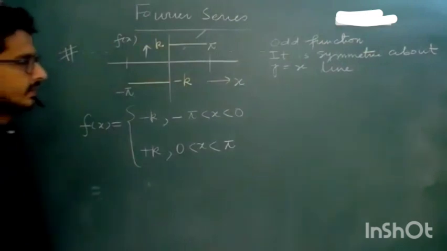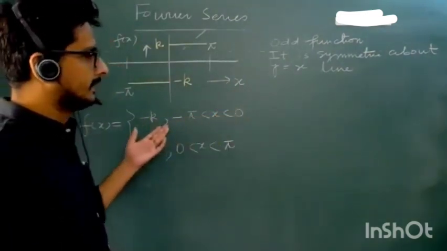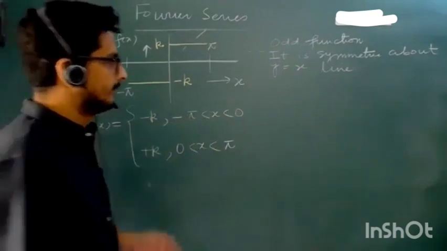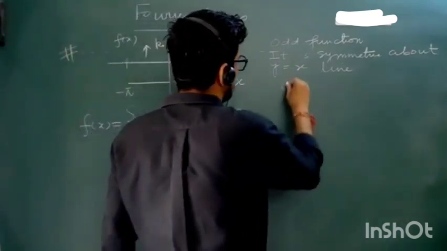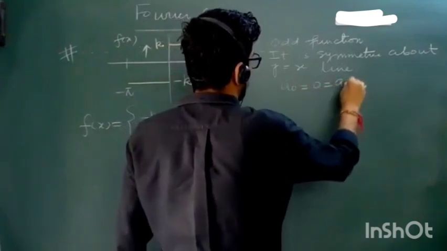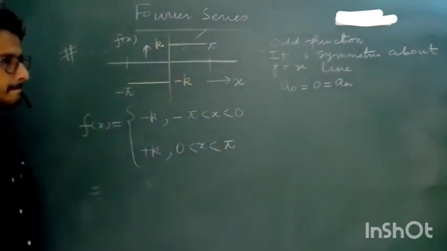It's symmetric about this line. So जैसे ये फंक्शन ऑड हो गया, मैंने आपको पहले ही बताया था, ऑड फंक्शन है तो इसका मतलब कॉस वाले टर्म्स की कोई जरूरत नहीं पड़ेगी. सो दैट मीन्स a naught और a n, all of them will become equal to 0. Correct?